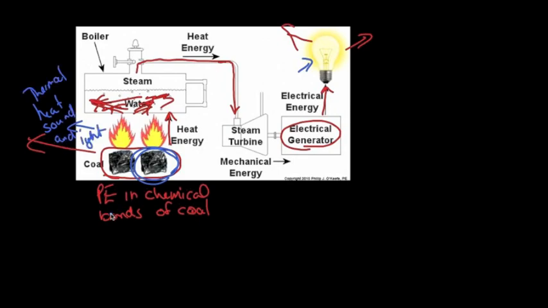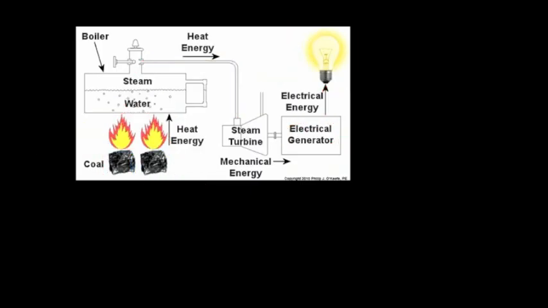So the stored potential energy in the chemical bonds of the coal is converted into several different types of kinetic energy. Some of that is harnessed and converted into light, and some of it is lost to the surrounding environment. Let's take a look at another example.